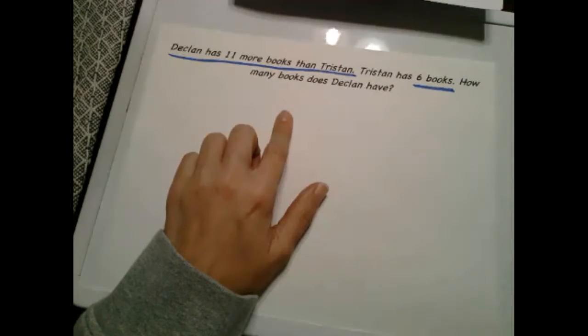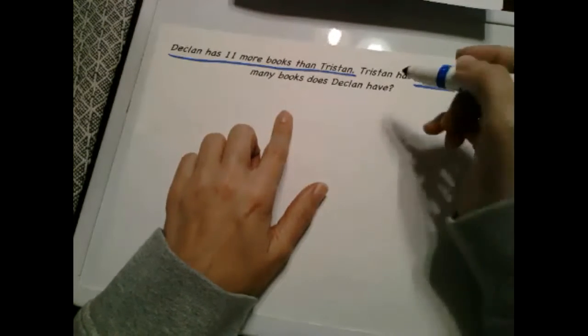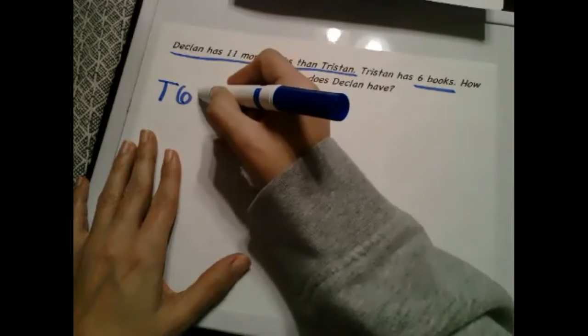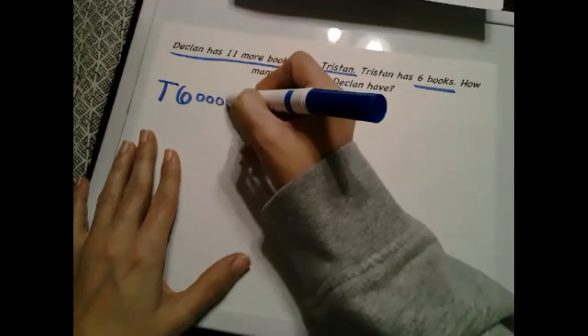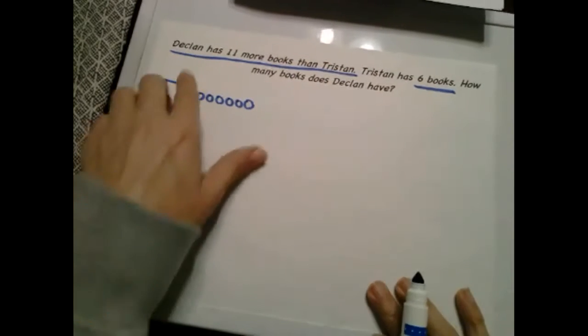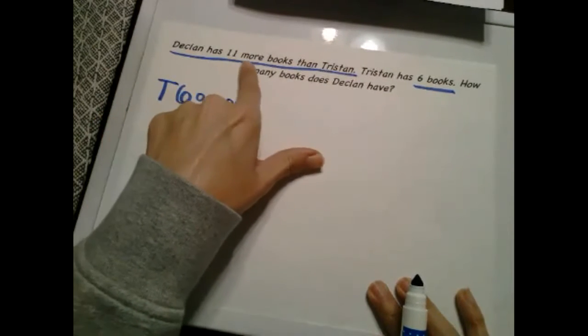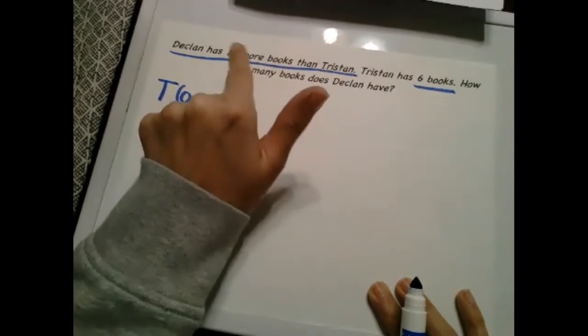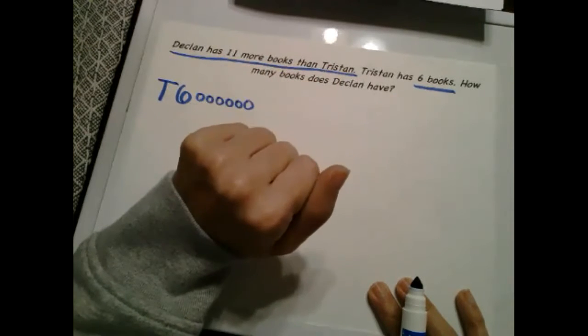I saw some great thinking. I know that Tristan has 6, so I'm going to start with Tristan, and he has 6. And I know Declan has 11 more than Tristan. 11 more than Tristan.